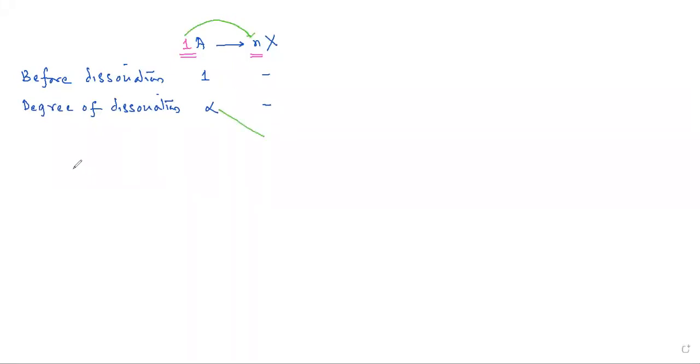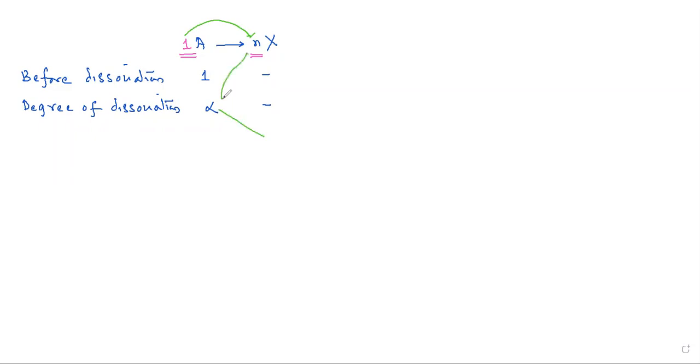See, before dissociation, let us suppose we have started with 1. Coming to degree of dissociation, alpha. Now, see, when 1 is giving rise to n, alpha gives rise to how much?